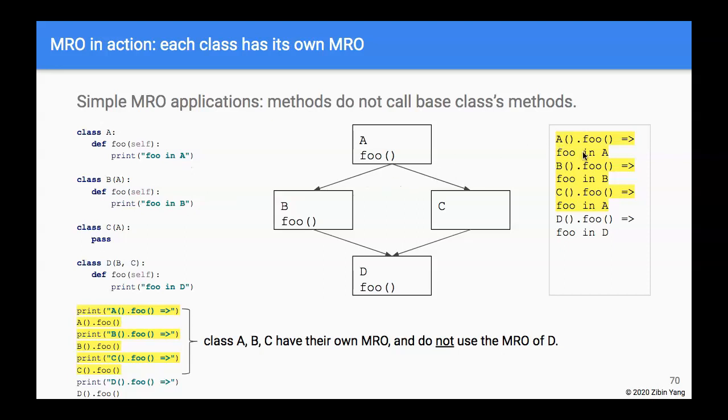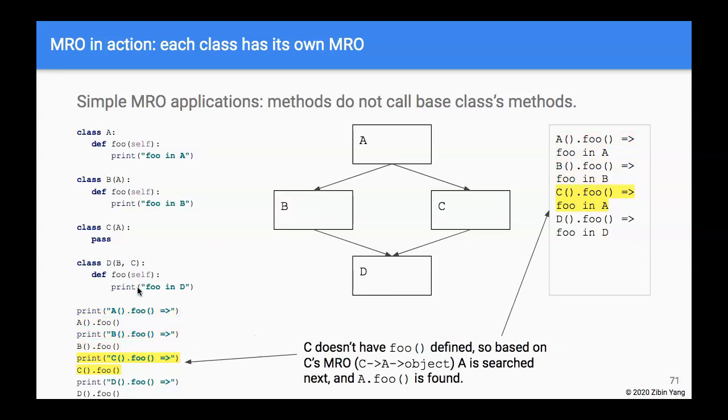So the output, as we expect, is A's foo calls foo in A, B's foo calls foo in B. Now, C is slightly more interesting because it doesn't have its own foo method, and we can see that for class C, its MRO is basically just C, then A, and then object.